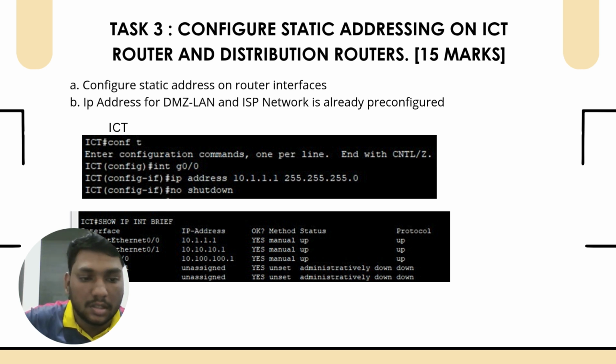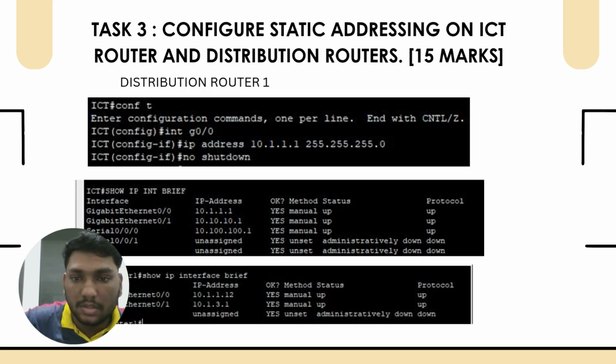Here I configured the ICT router with IP address 10.1.1.1 and subnet mask 255.255.255.0 on the interface G0/0, and I verified it with the show ip interface brief command. As you can see, G0/0 is assigned with the IP address and the status is up.